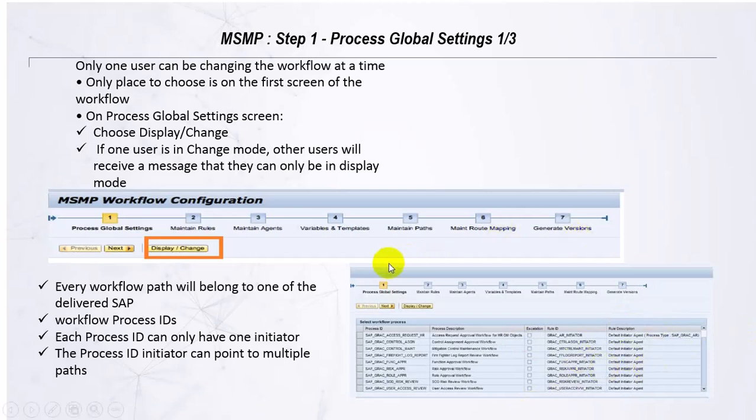Now, apart from the process IDs, the first stage has the setting that only one user can change the workflow at a time. Maintenance allows only one person. It cannot allow multiple persons to change. If one person is working, then automatically it will go to display mode for the others.